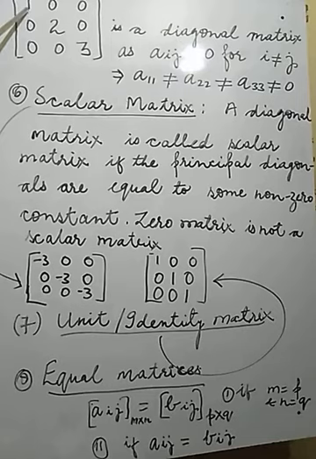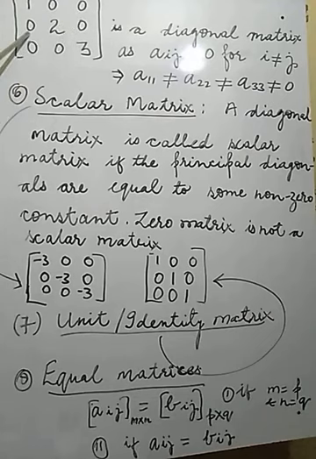And 1 is not equal to 2, so that element will be 0. So the condition is there: if i is not equal to j, then only Aij will be equal to 0. The element will be 0. This will also be 0.